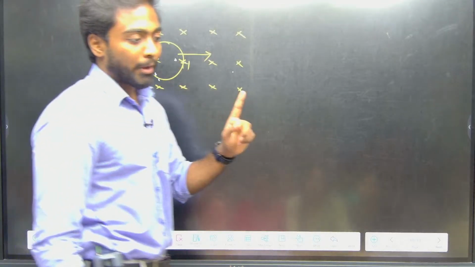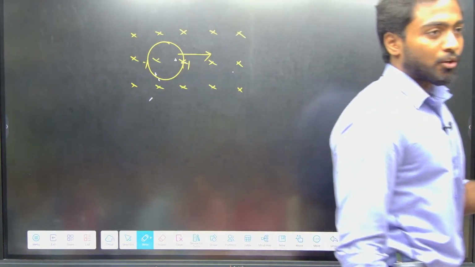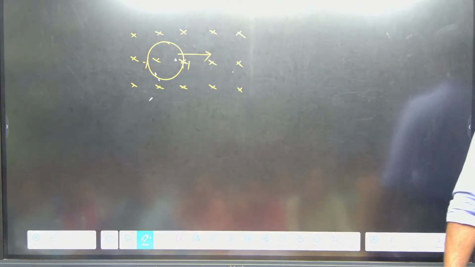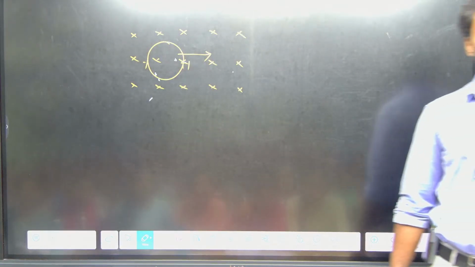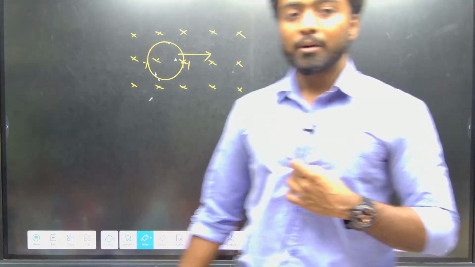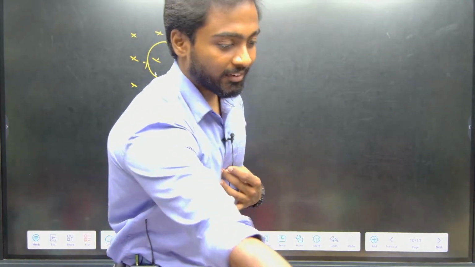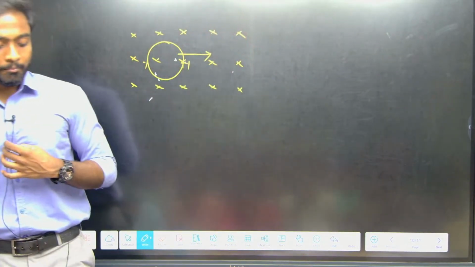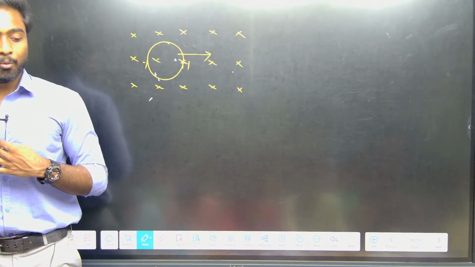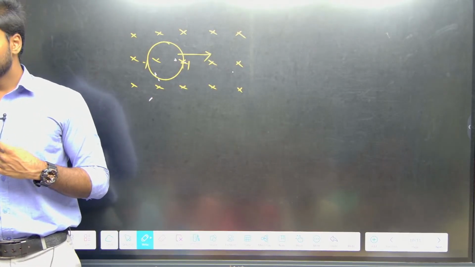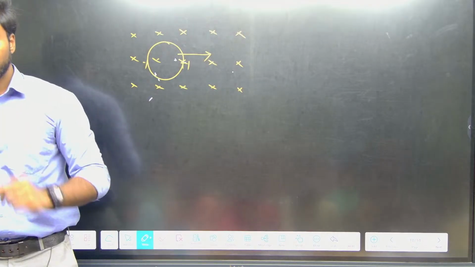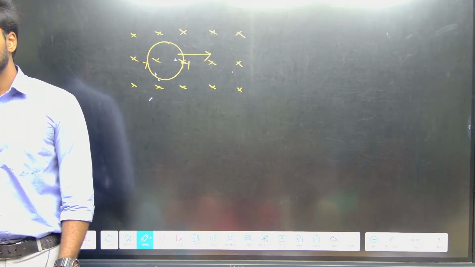So from this point we can understand that for a closed loop, induced EMF is 0. Write the point: for a closed loop, induced EMF is 0.